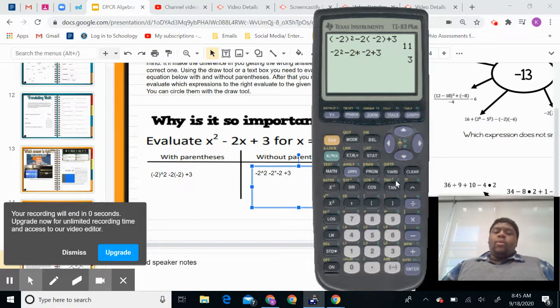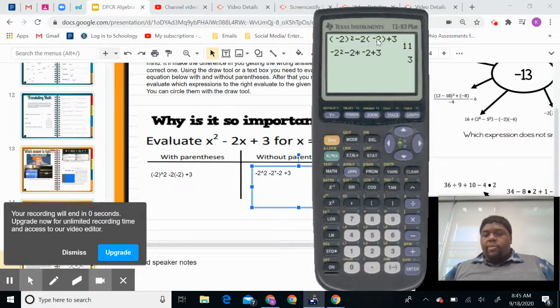Now, here's why you end up getting that. When you don't put parentheses and you evaluate something like this in a calculator, it's not taking the whole -2 to the second power. It's just taking the 2. If you do that, it changes your answer drastically. Up top here, when we take -2 to the second power, that actually gave us 4. And over here, we have -2 times -2. That's going to give us 4 right here.